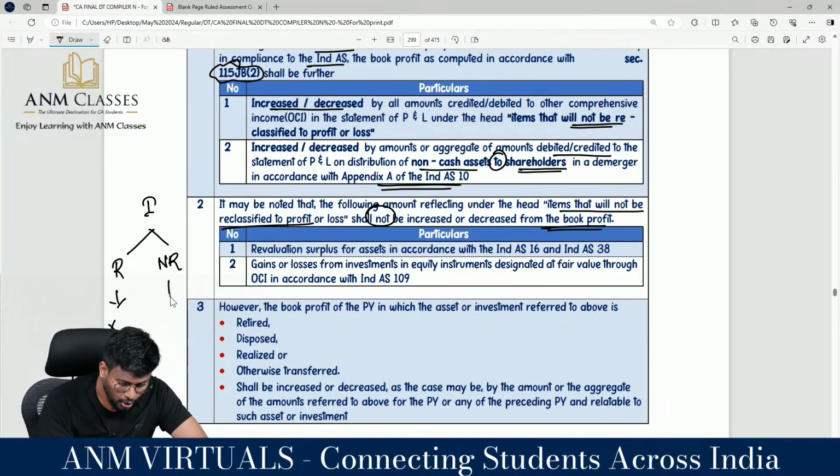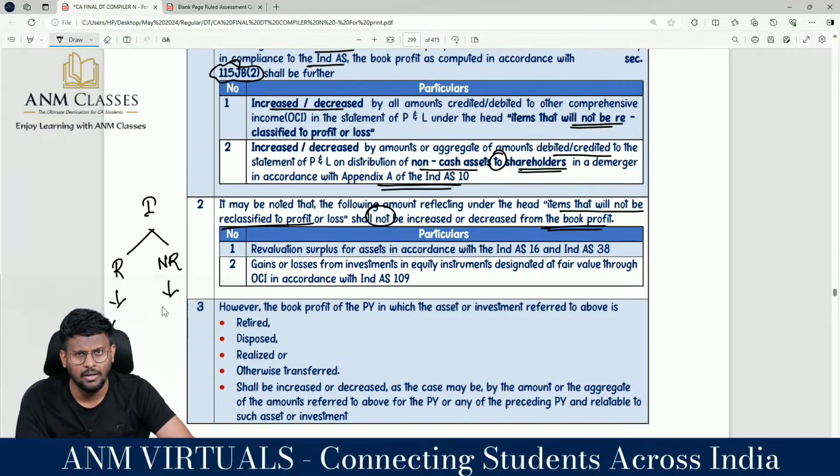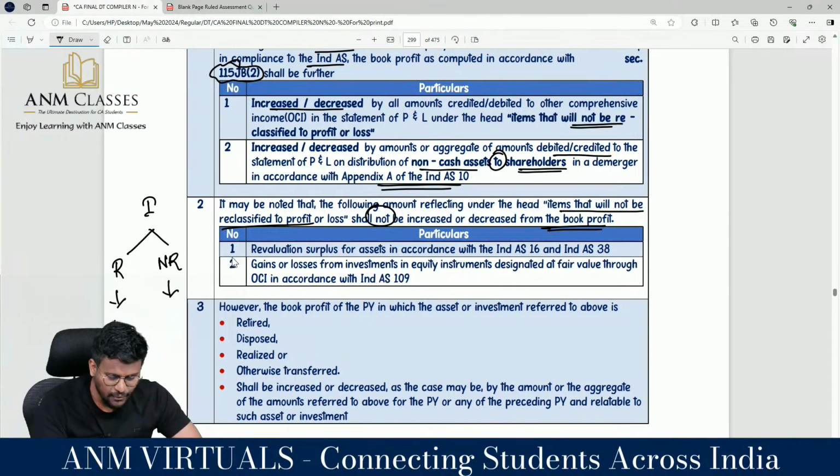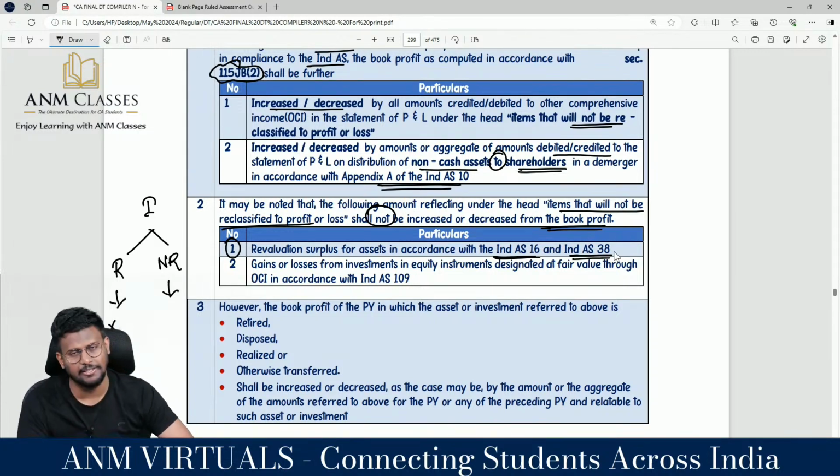But for an item which will not be reclassified to P&L, if you lose the chance now, you won't get the chance later. So we have to adjust it. But it has an exception. There are two exceptions to that. Revaluation surplus in accordance with Ind AS 16 and Ind AS 38.